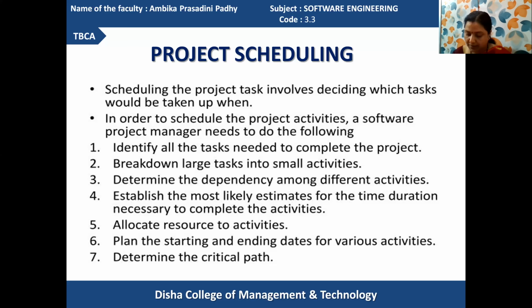In the third part, preparing the Gantt chart. The Gantt chart shows the jobs to be executed in which manner, how the resources are to be utilized, and what time is required. And in the fourth part, we have to prepare the PERT chart, PERT, project evaluation and review technique.